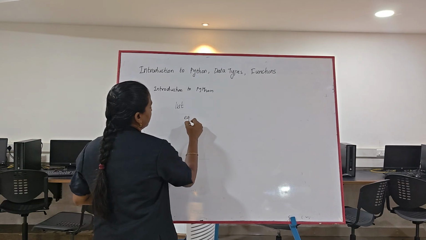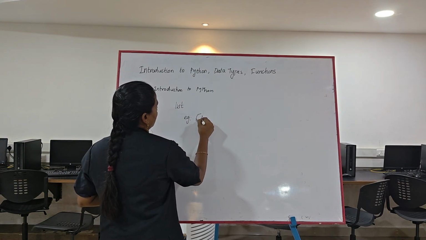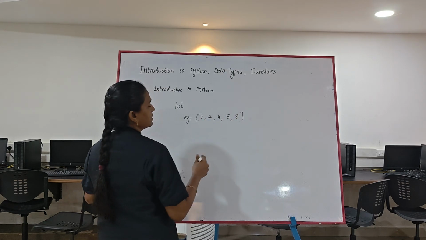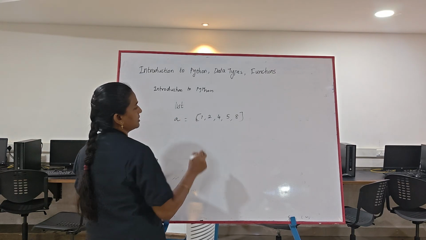Example: 1, 2, 4, 5, 8. This is the list. We have saved the list in A is equal to.